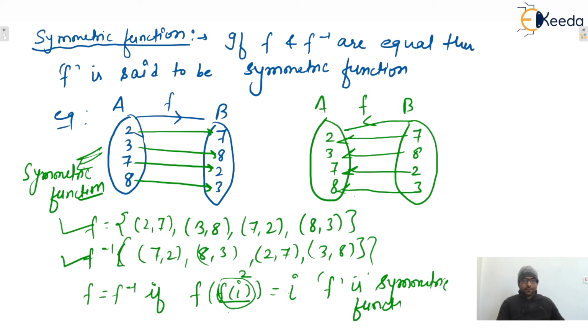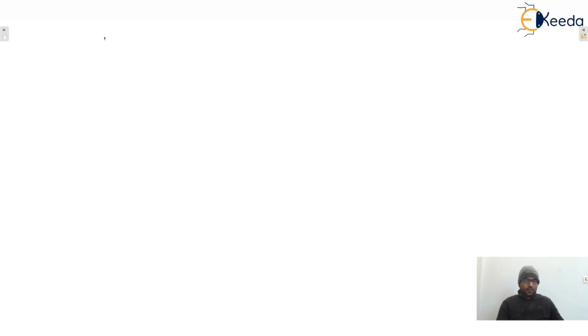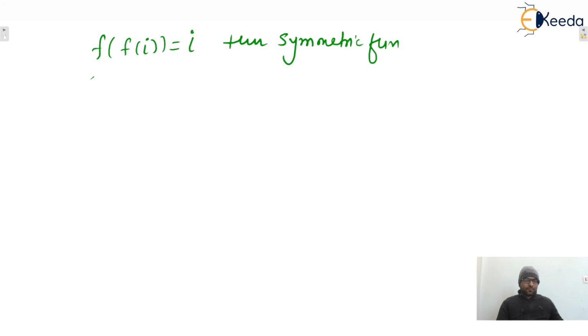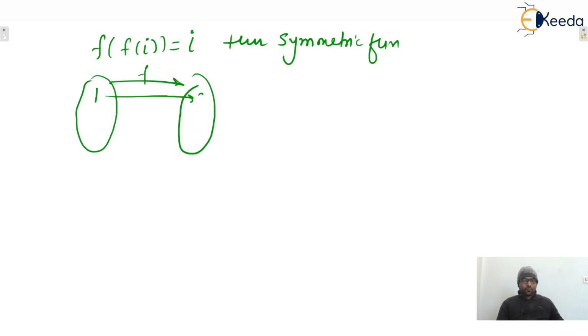We can take one example. If f of I is equal to I, then that function is a symmetric function. Let's consider one value, let's say 1, and let's say that is mapped with 2. So f of 1 is 2 and f of 2 is 1.